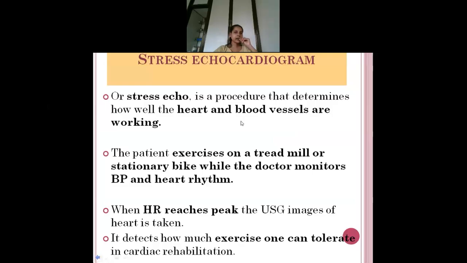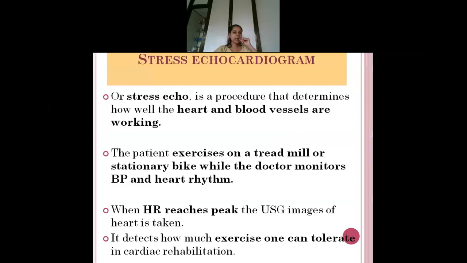Next is stress echocardiogram. Now in stress echocardiogram, what you are doing is giving some exercise to the person. That is, you will give some amount of stress to the person, like maybe they have to walk on the treadmill or on a stationary bike. Then they will monitor the BP and heart rate, and they may also take an echocardiogram.